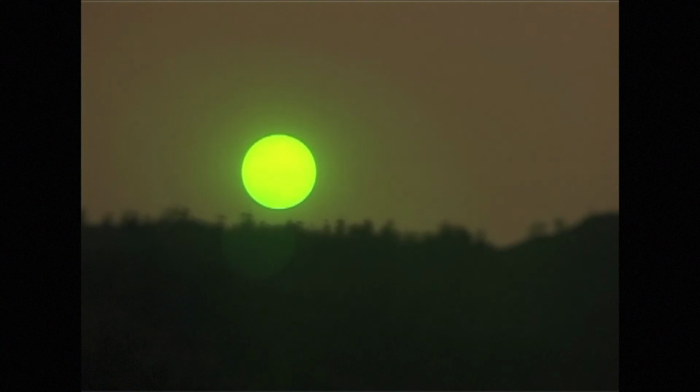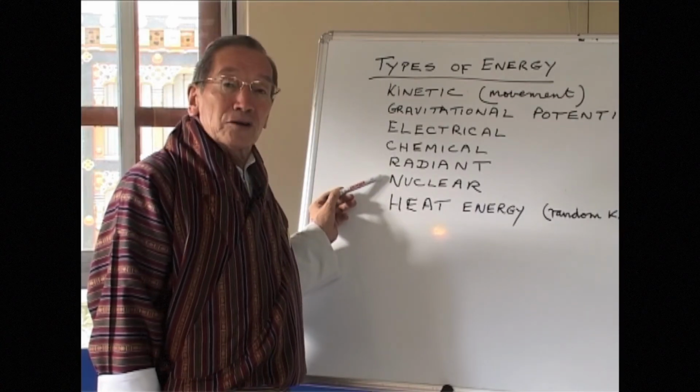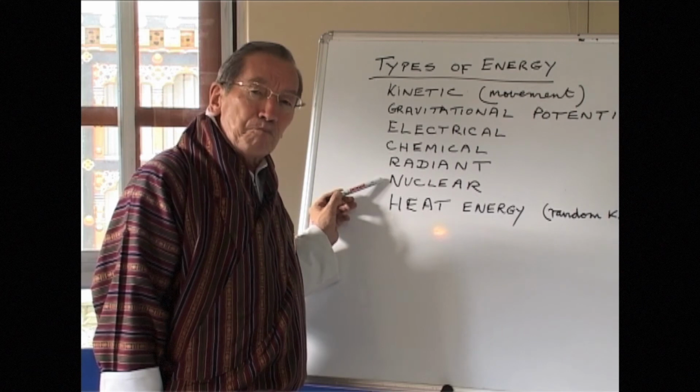Radiant energy comes from the sun as electromagnetic waves. We've talked about nuclear energy, this most powerful energy that we get when nucleuses of atoms produce the energy. And that's the most powerful source of energy we know.